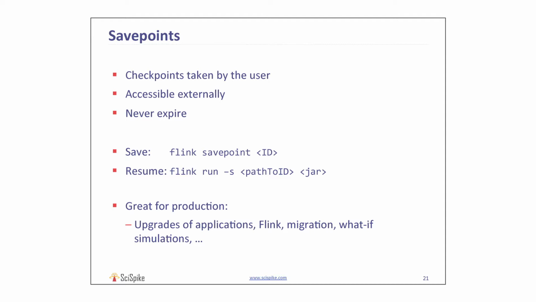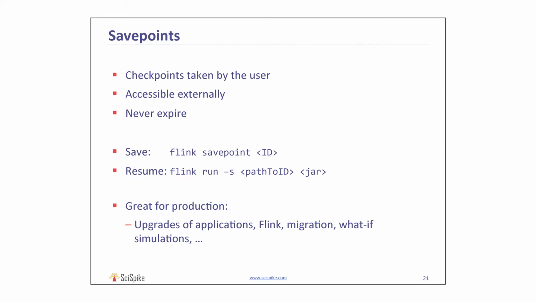So you can issue a command, flink savepoint, and then the ID for your savepoint. And you could even resume the execution of your system by saying flink run, then you put the path to your savepoint, and then the application jar file that would run the system. You can imagine this is a great feature for production, because it enables us to better handle updates, updates of both our application and Flink, and migration from one implementation to the other.